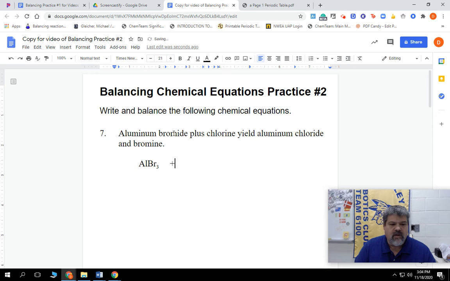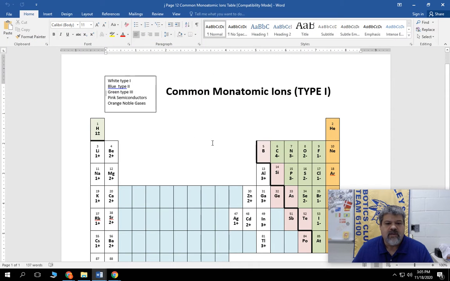It's going to react with chlorine, and this is going to be chlorine gas. Now, chlorine is Cl, and that is going to yield aluminum chloride. Now, again, this is type 1. So we're going to go back to our monoatomic ion sheet, which is on page 13 of our packet, and we're going to find aluminum is a +3 and chlorine is a -1.